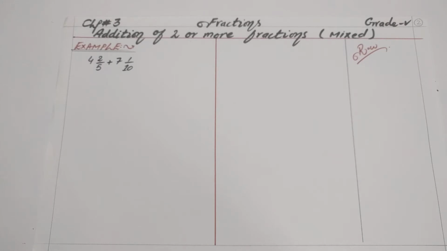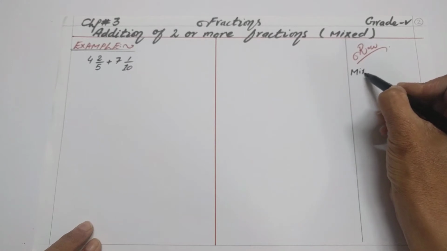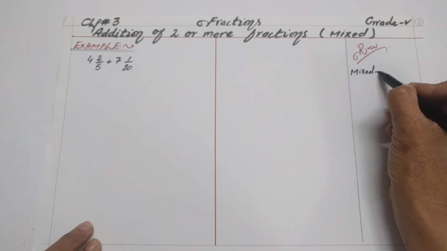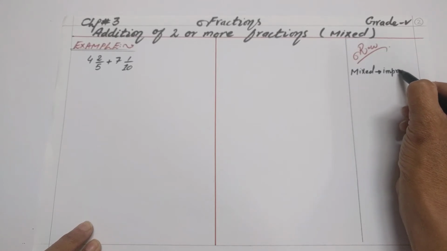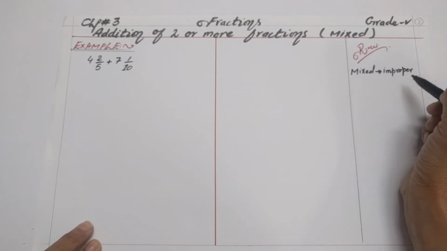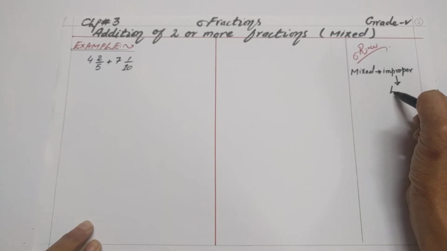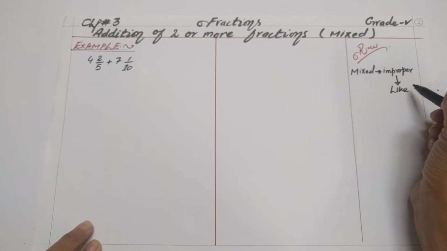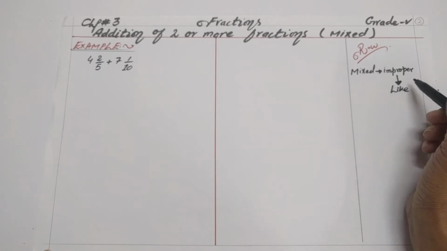As mixed fractions are given, firstly we will convert these mixed fractions into improper fractions, and then we will convert the improper fractions into like fractions. Why? Because in the previous video, as I told you, to add fractions you have to convert unlike fractions into like fractions.